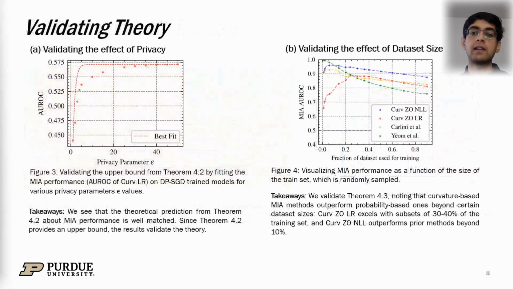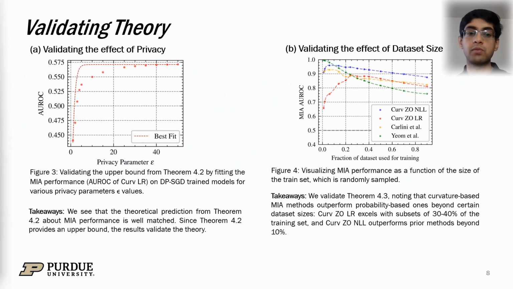We also validated our theory by examining the performance of membership inference attacks against the privacy parameter epsilon and the dataset size m. These results align with the theoretical predictions. Figure 3 presents the results of privacy versus MIA performance, and Figure 4 illustrates the same for dataset size and privacy performance.